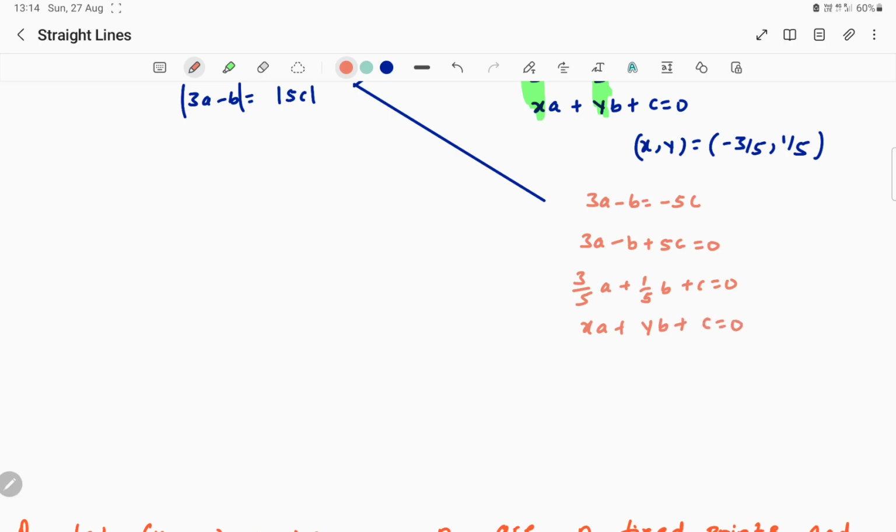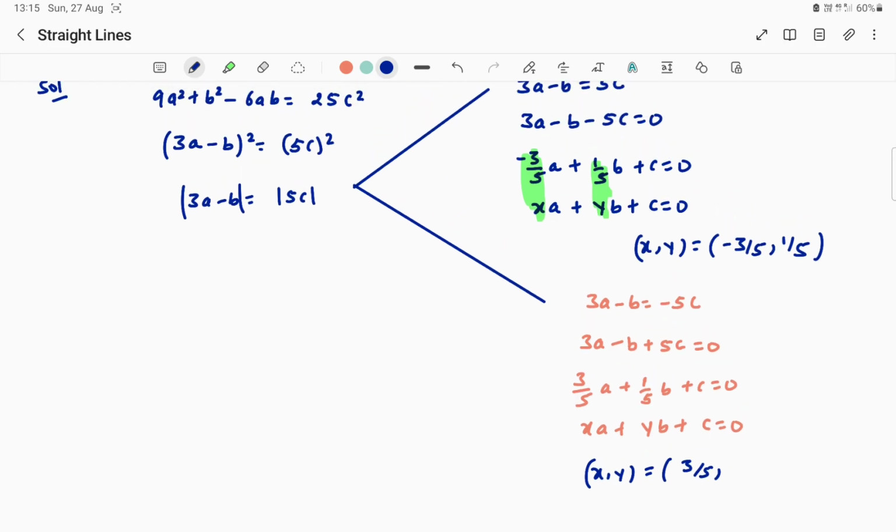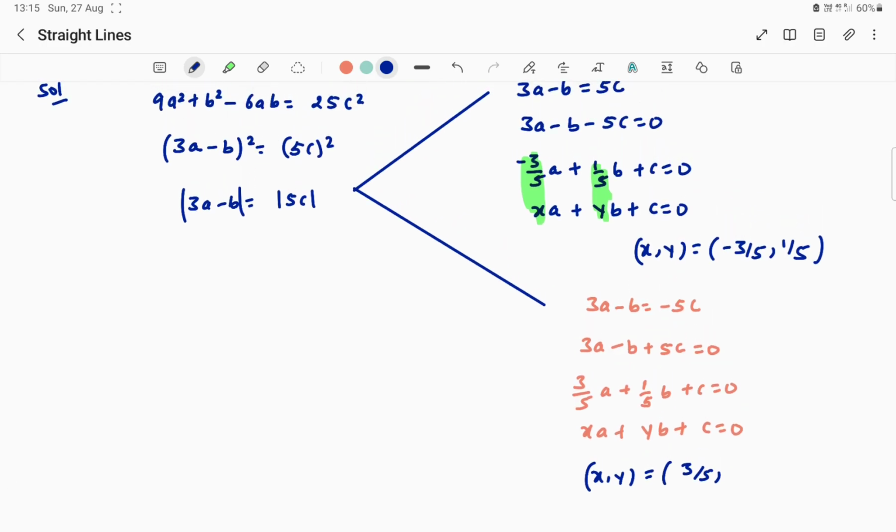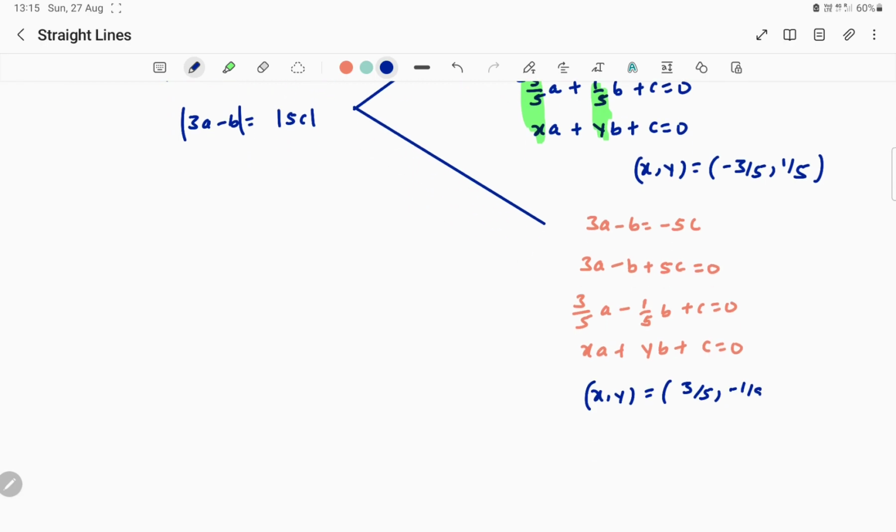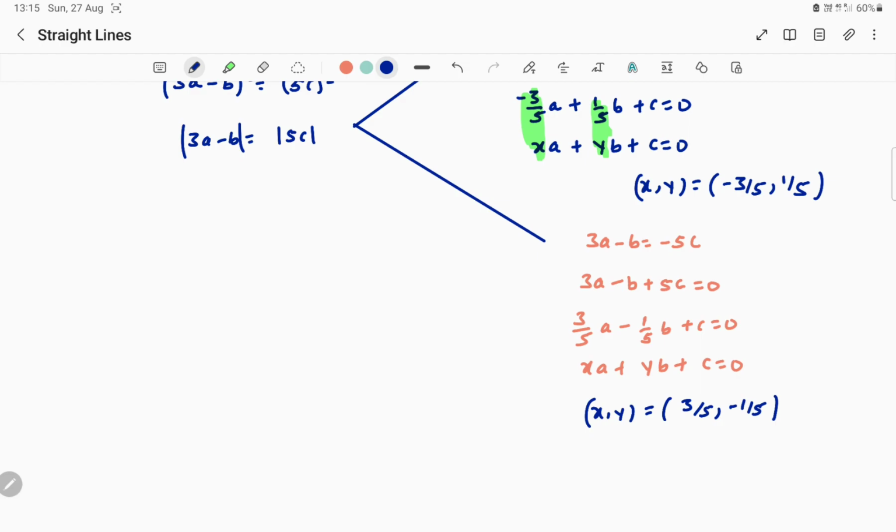This I am writing for your easy understanding. So we got x and y as 3 by 5 and minus 1 by 5. Because you have divided by 5, the sign will not change.